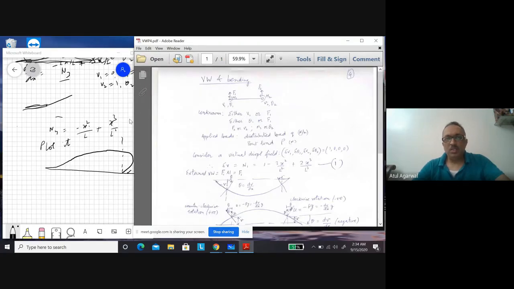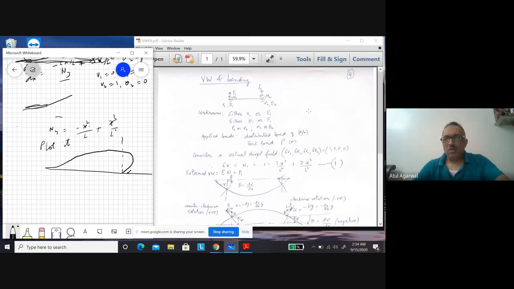Now you see here, I have shown a beam with nodal displacement V and theta, and also vertical force applied on node 1.